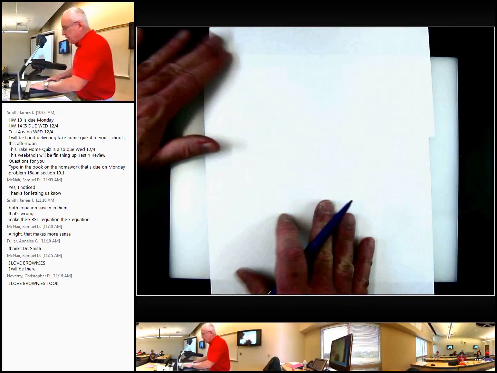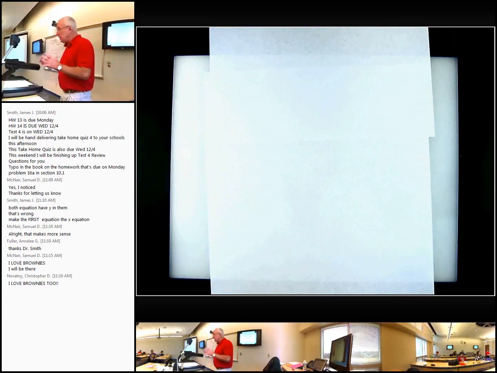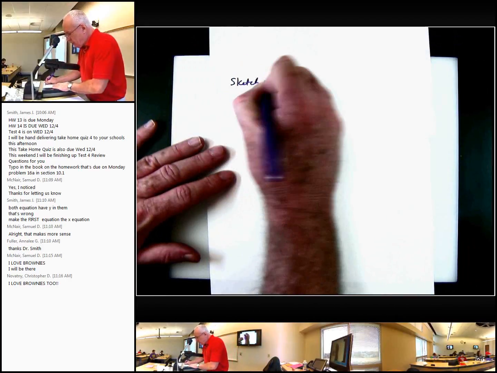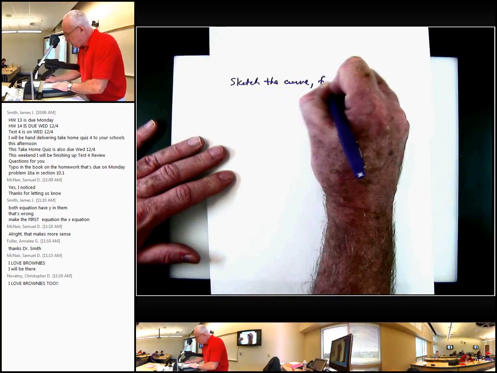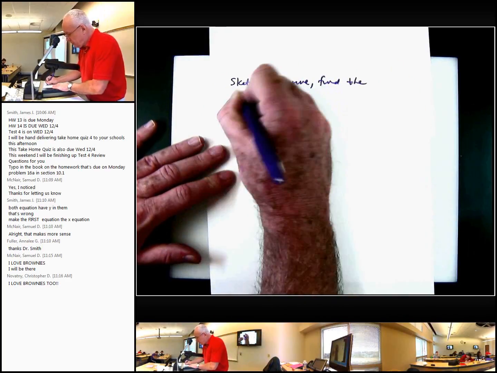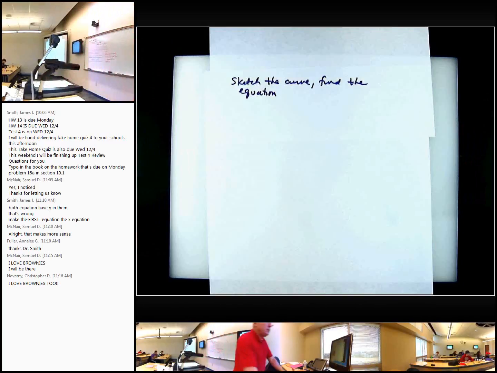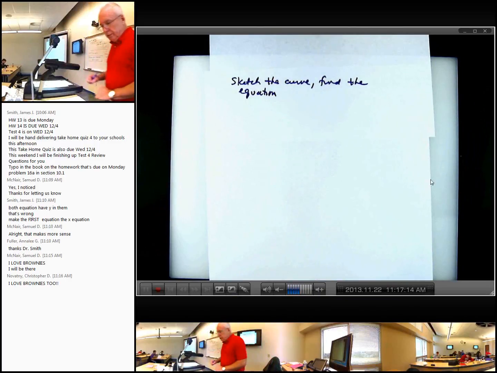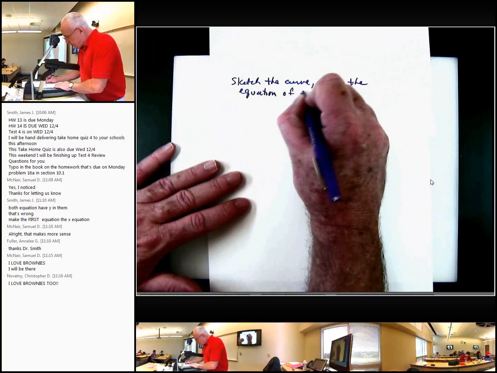Now, we're still shifting the center, but for this next one, we're going to be working with an ellipse. So here we have: sketch the curve, find the equation of the ellipse.